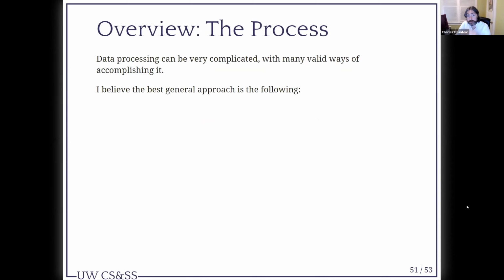So the last thing, an overview of the process of handling programming problems. Processing data of any kind, doing any sort of function writing, is really complicated, and there's usually a million different ways to accomplish it. I believe that the general process that you should follow is something like this.